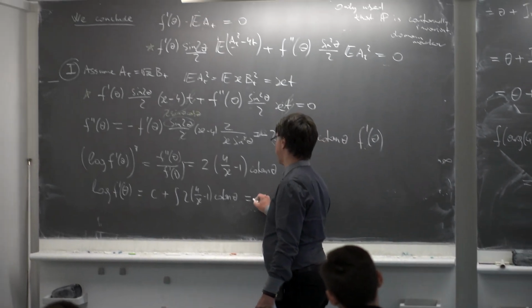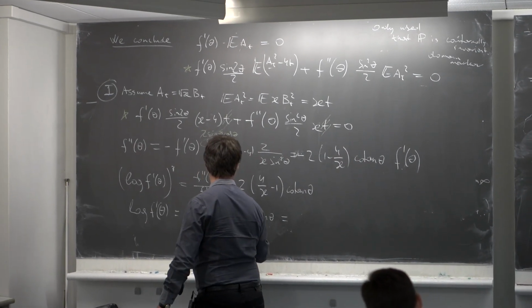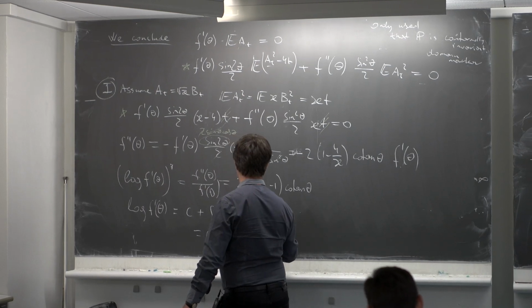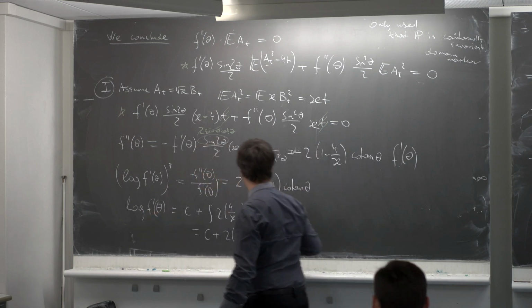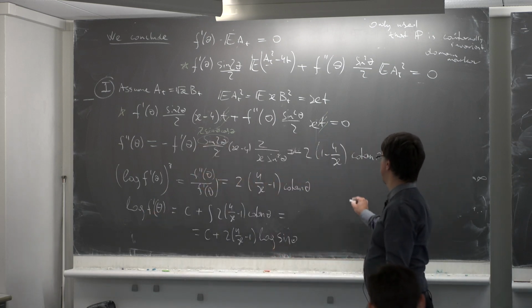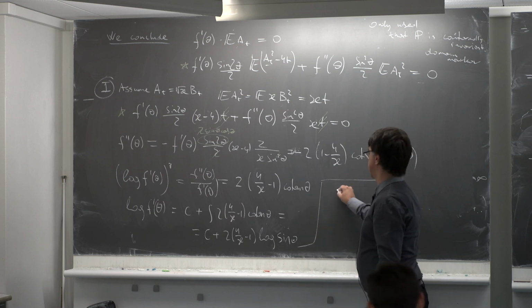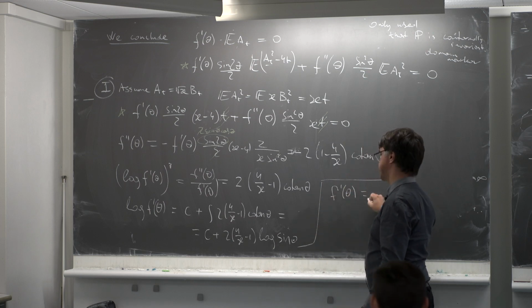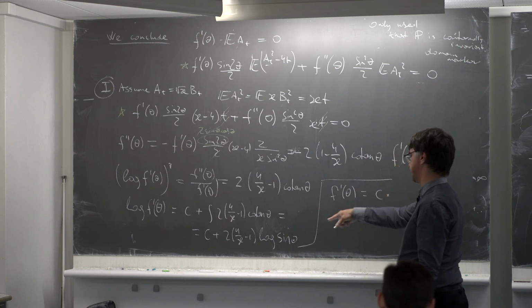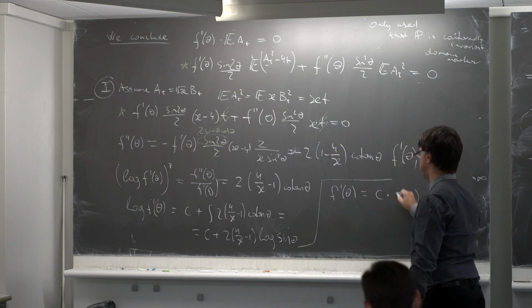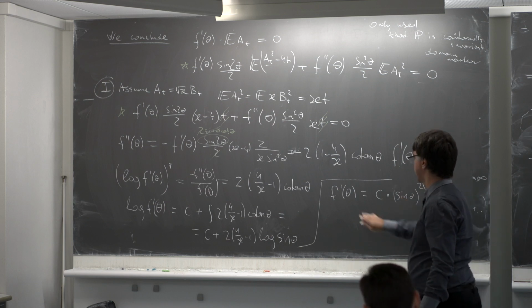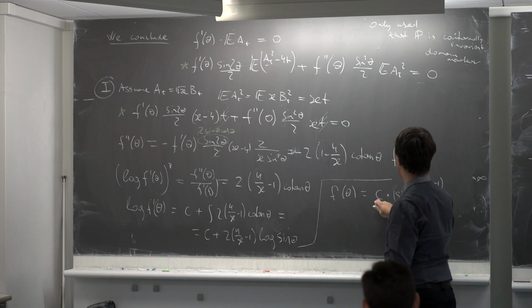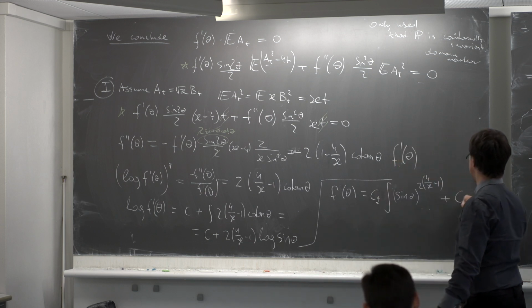So it's a constant plus this number times the logarithm of sine. Logarithms here we can exponentiate. So we get as a result that f prime of theta is a constant times sine theta to some fractional power. Or if we integrate, it's a constant times the integral of this, plus another constant.